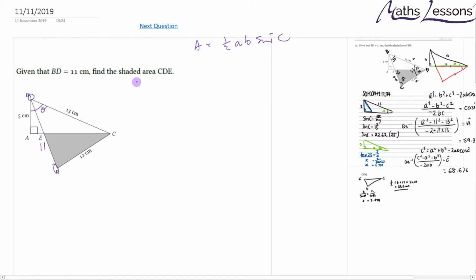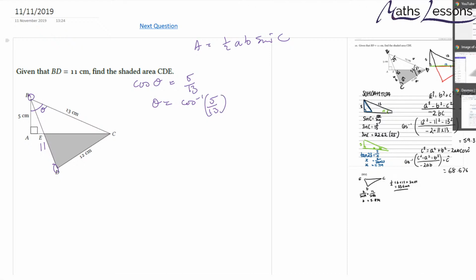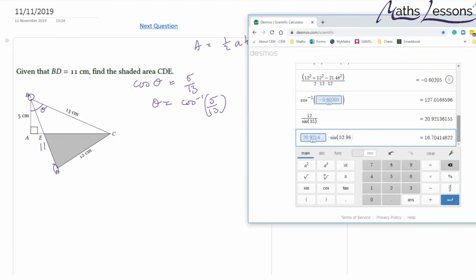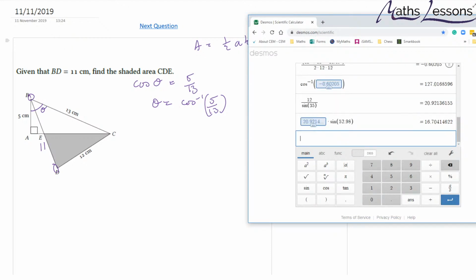Okay, and we can see that cos of theta is the adjacent over the hypotenuse, 5 over 15. So therefore theta will equal inverse cos of 5 over 15. If I grab a calculator, you can go and have a go at some of them.